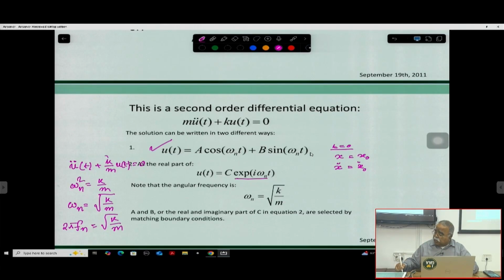So we all know Fn equals 1 by 2 pi times the square root of k by m, which is expressed in hertz or cycles, right? So if we have a structure whose mass is known and whose spring constant or material property is known, then we can calculate that structure's omega n very easily, right?